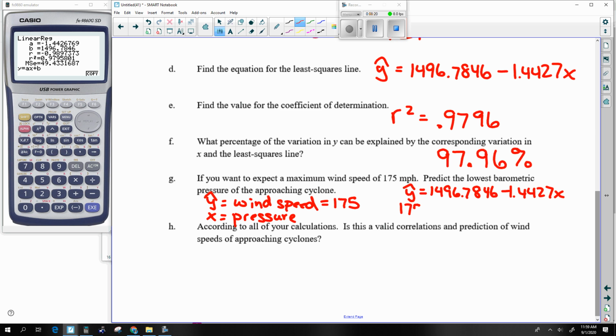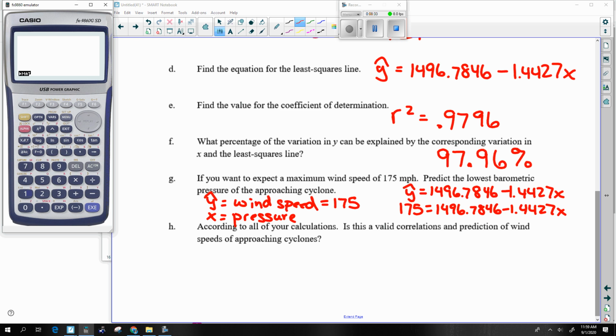So that puts the 175 in for Y, and we solve for X. And that would put the barometric pressure at 916.181.